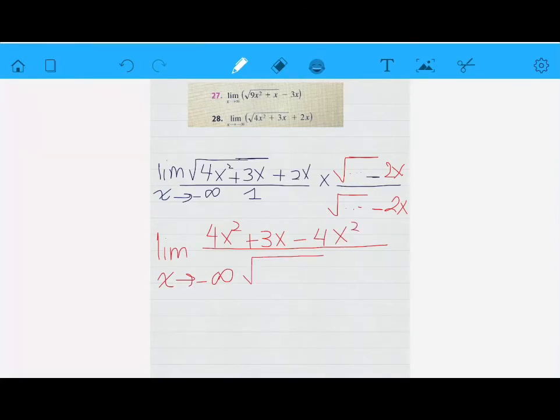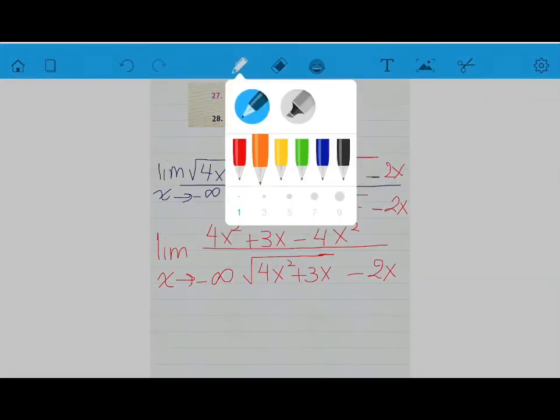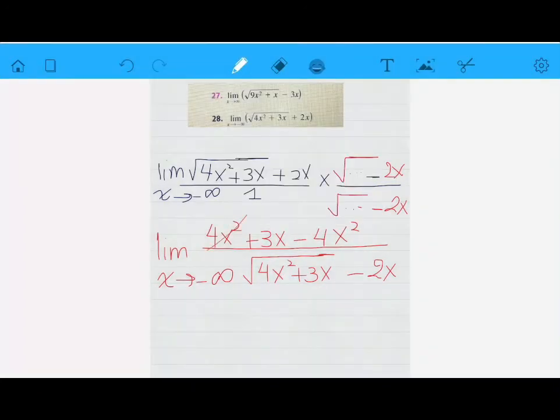The numerator is then 4x squared plus 3x minus 4x squared, and the denominator is radical 4x squared plus 3x minus 2x. Now we simplify before dividing by the highest power: 4x squared with the minus 4x squared cancels.